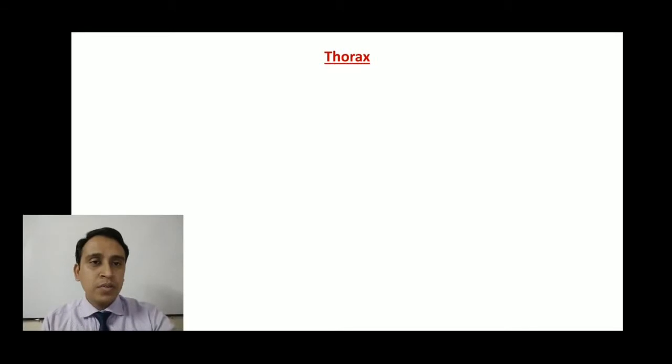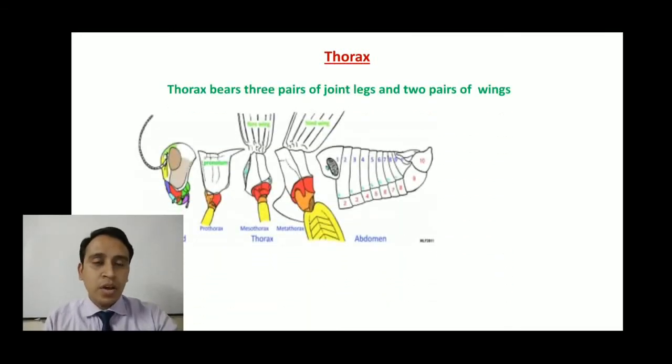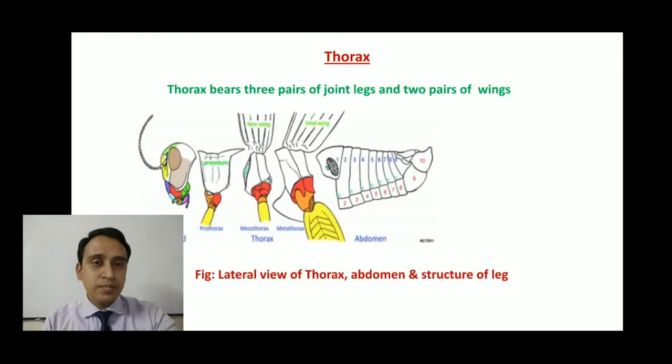Next one is thorax. Thorax of grasshopper bears 3 pairs of joint legs and 2 pairs of wings. Thorax is basically divided into 3 segments: prothorax, mesothorax and metathorax.